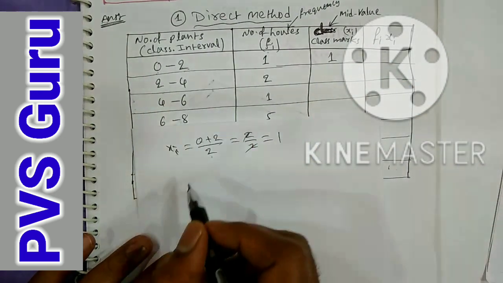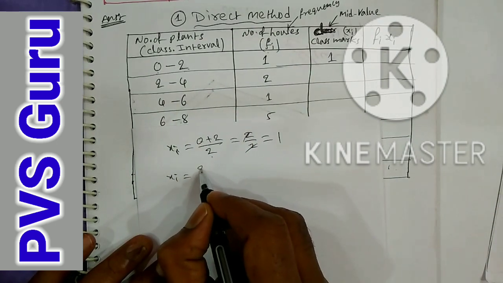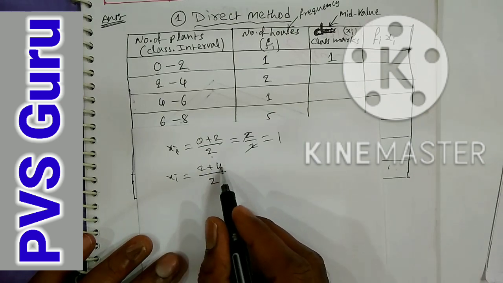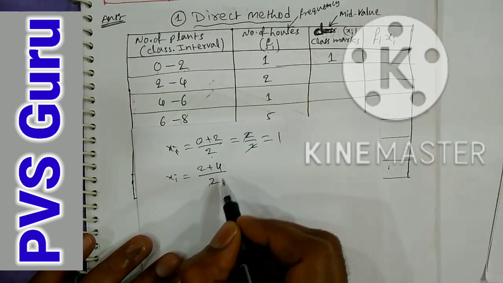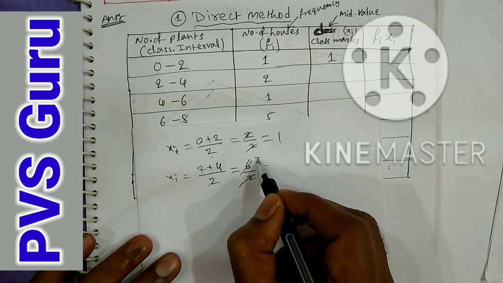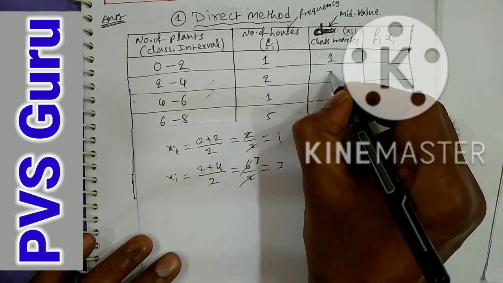Similarly, for the second class, 2 plus 4 by 2. Always average is the sum of the terms by the number of terms. 2 plus 4 is 6, 6 by 2 is 3.